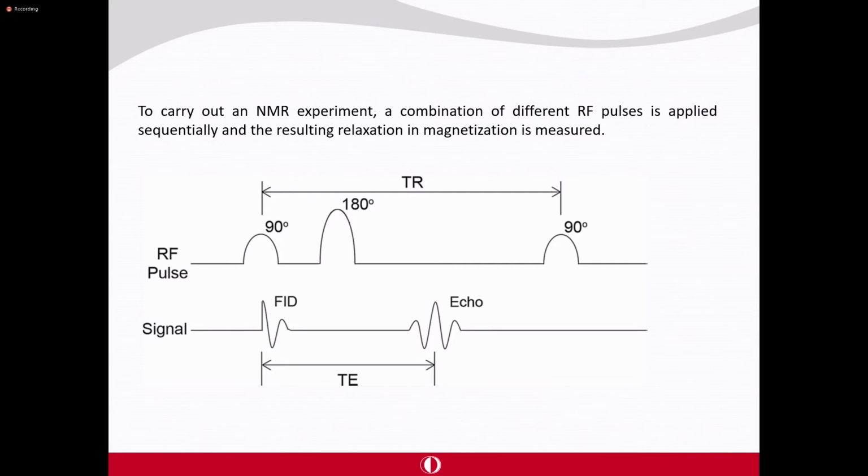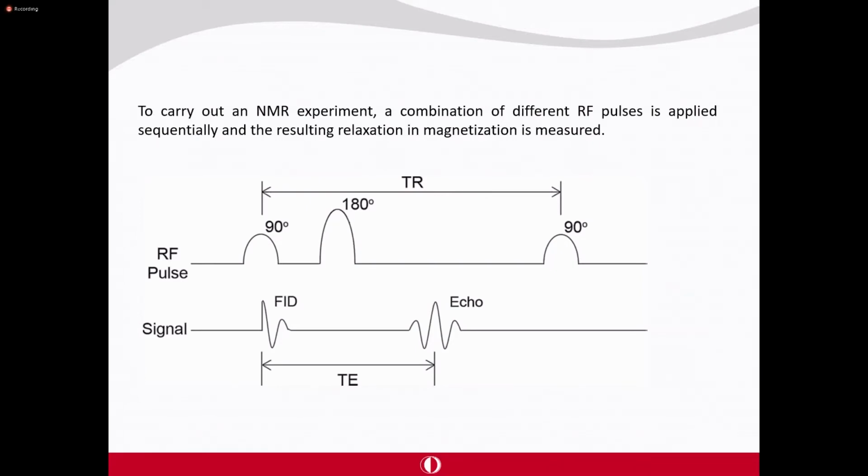Then you can apply a 90-degree pulse one more time, and the time difference between these two 90-degree pulses is usually known as the repetition time, TR, which is a parameter that we set when we do a relaxation time measurement.